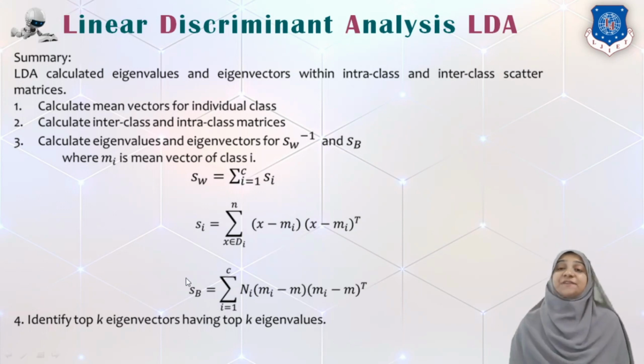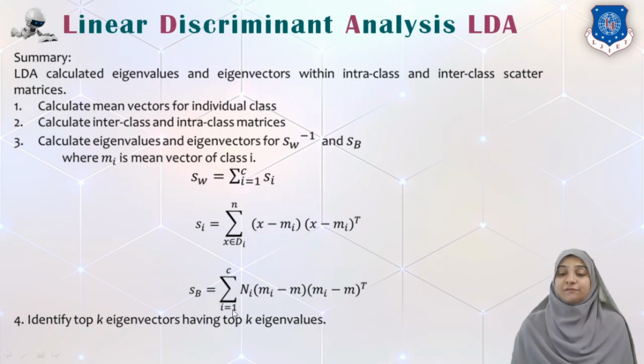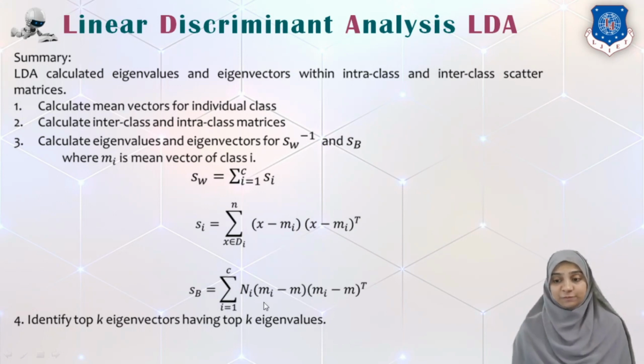Similarly, S of B, which is nothing but the interclass matrix, is calculated as the summation from i equal to 1 to C, where C is the number of groups and Ni is the number of samples or data points in a particular class, multiplied by the group mean Mi minus the grand mean m.